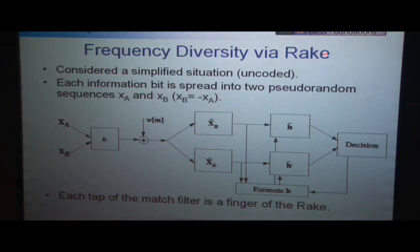Right. So each tap of the matched filter is a Rake finger. Typically in a Rake receiver, these taps move around because the paths may move around, and you're trying to search for the right fingers to match your receiver. So it's essentially a matched filter, but with a time-varying structure where you can search the taps.